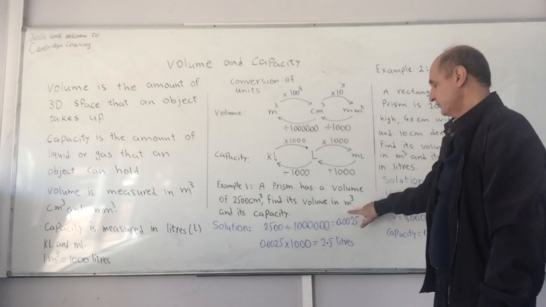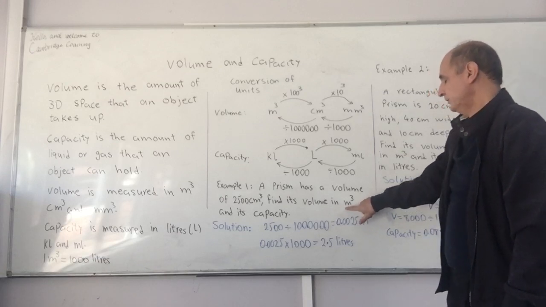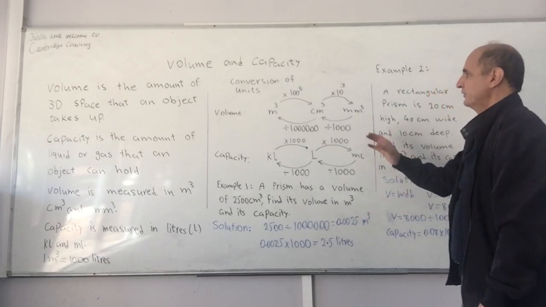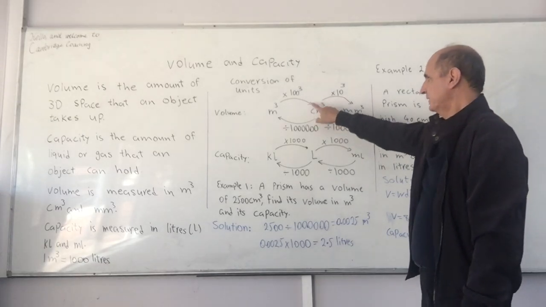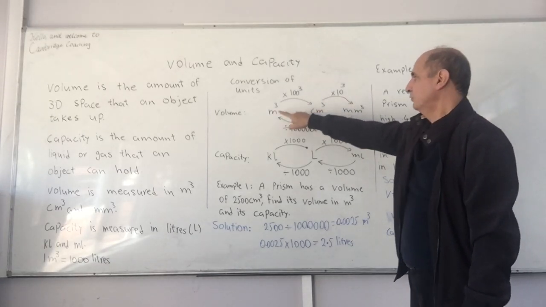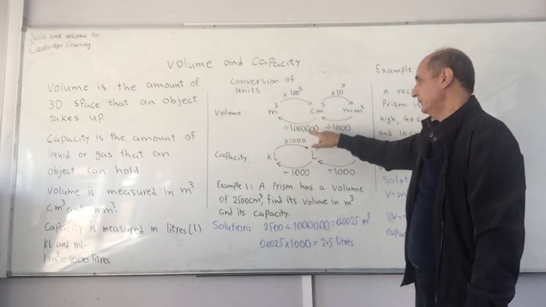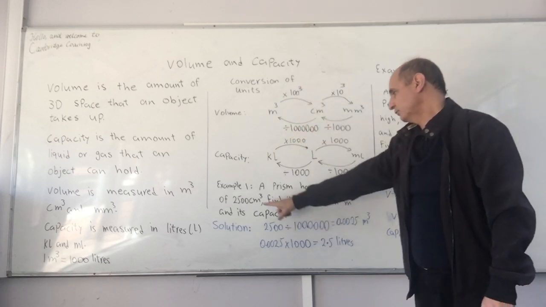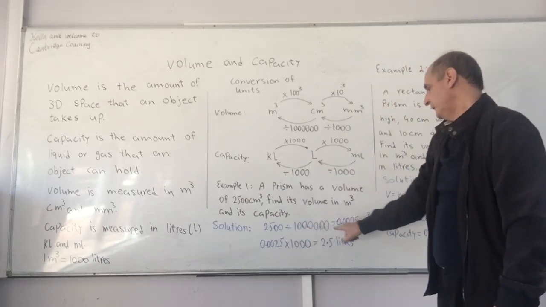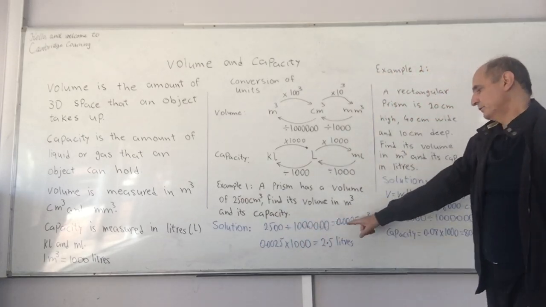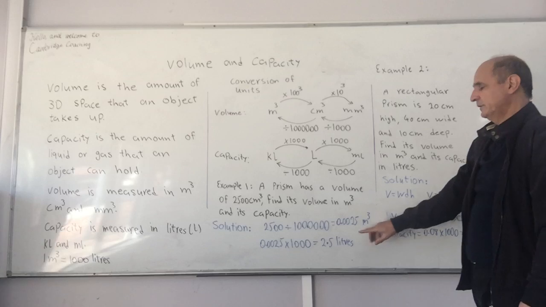They want us to give it in cubic meters. So I'm going from cubic centimeters to cubic meters. So I need to divide by 1,000,000 or 100 to the 3. 2,500 divided by 1,000,000 gives you 0.0025 cubic meters.